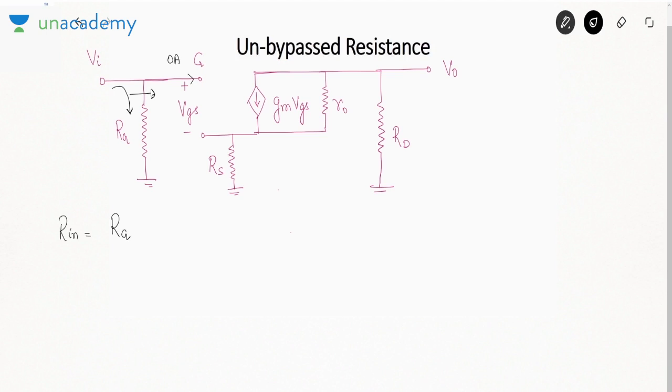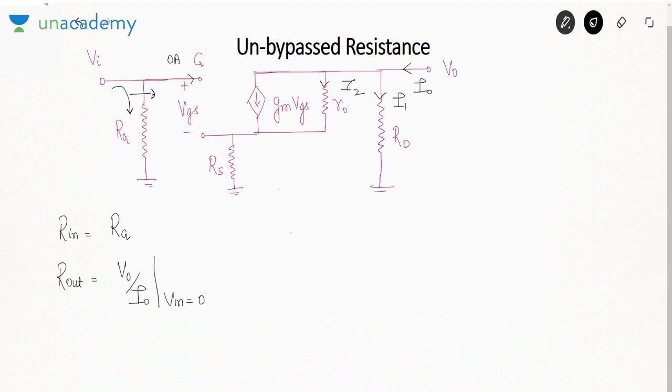Now let us talk about output resistance. How we can talk about output resistance? It is V0 by I0 when Vin is 0. This current is I0. Suppose this current is I1, this current is I2, and we have to make Vi equal to 0.